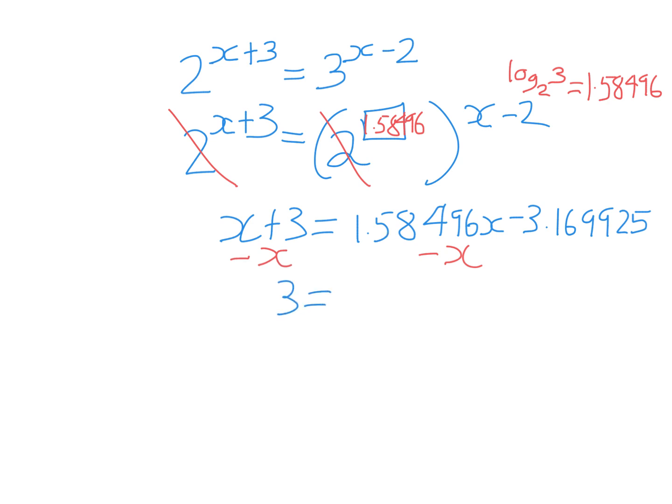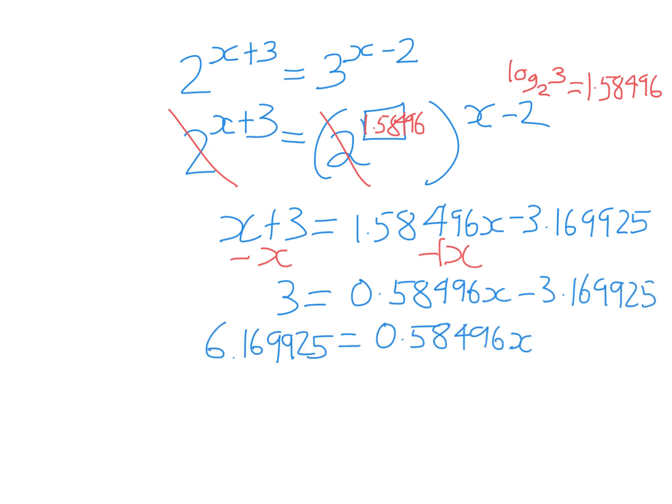Now this is 1.58x minus, it's really 1x. So we simply decrease the coefficient by 1, 0.58496x. Now we need to add this number 3.169925 to both sides.